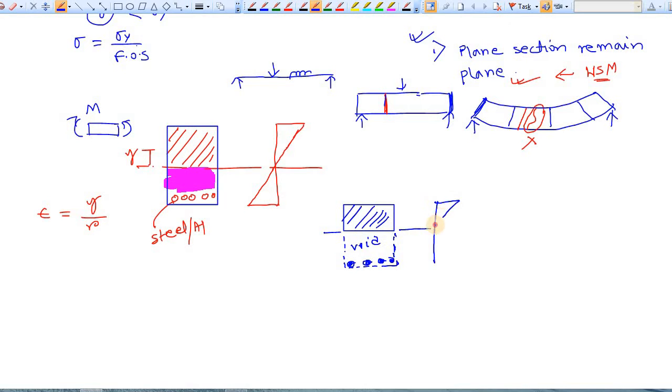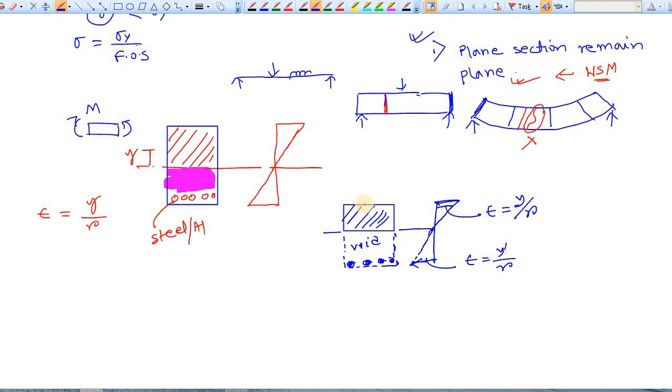This is the strain in concrete, but in steel the strain is only acting here. These are your compressive strains, expressed by epsilon, that is y by r, and here this is also epsilon, that is y dashed by r. Based on the value of y, this changes.